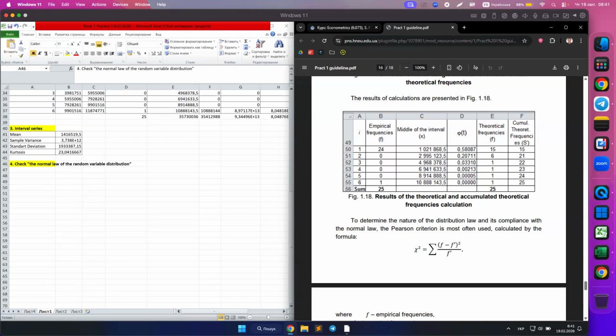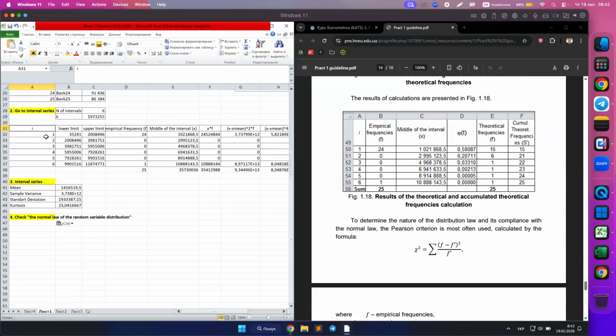In this table, we have to find our current intervals, so we can copy these intervals from the previous table. After that, we have to add information about empirical frequency. We have this table here, and we can add information from the previous table, like this.